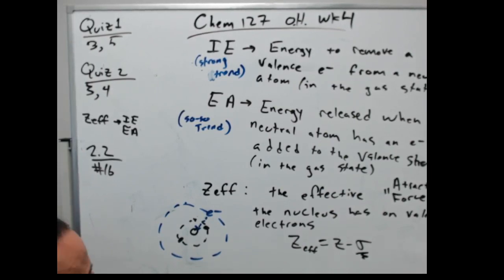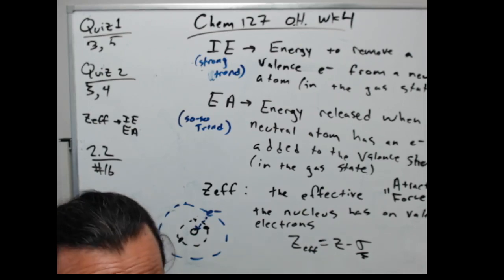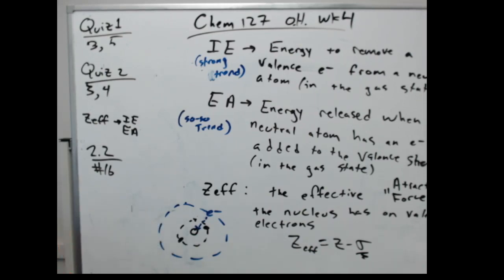If you look at the periodic table, the noble gases have no electron affinity, even though they have some of the highest effective nuclear charges, because they have no more space left in their shells.